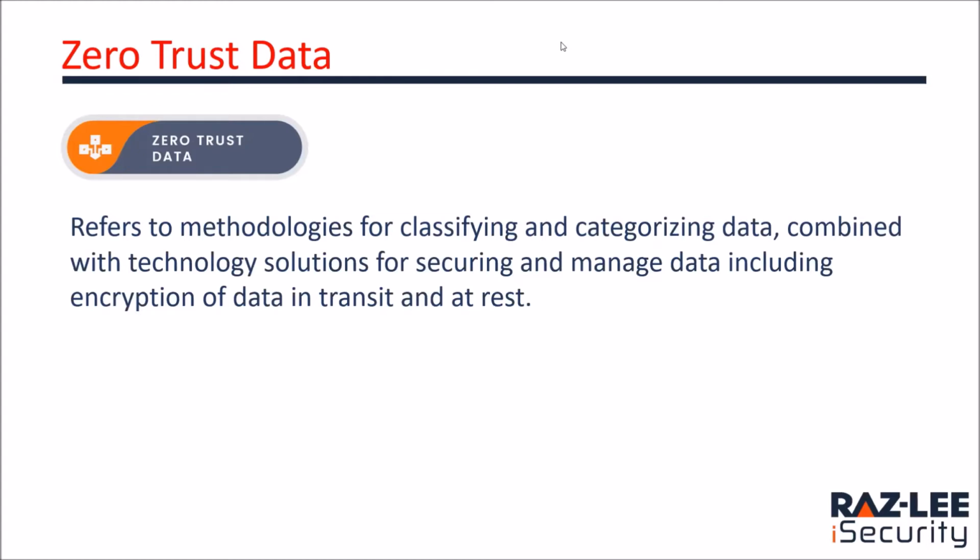Data in transit is when you are moving data from one computer to another or from one network to another. So you have to be sure that this data in transit is encrypted. But you also have to be sure that your data at rest, for example your files, your databases, your records, are also encrypted.